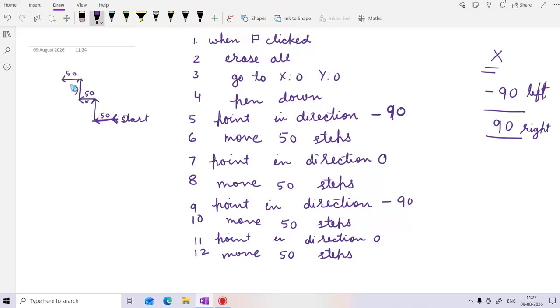Now we have to finish this last line, which is the horizontal line. So again, for one line we need 2 commands. First direction and then movement. So point in direction, we will take minus 90 and finally we'll wind up with move 50.